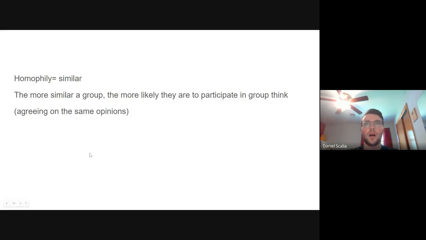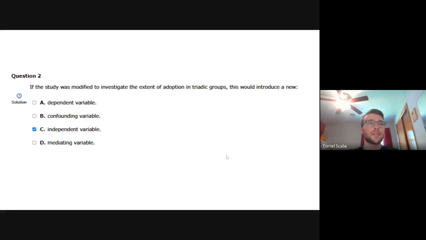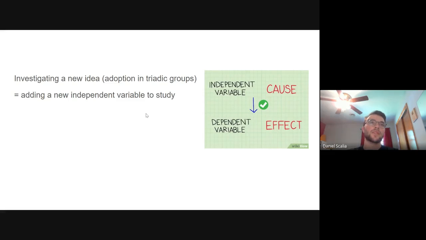Sorry, this was for the last one. So yes, it's C. In this question, they're adding a new thing that they want to study. So you can think of that as an independent variable, because they're adding something that they wish to use to find what the dependent variable is. This is also something that appears a lot in the MCAT.